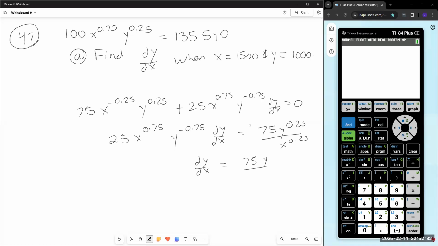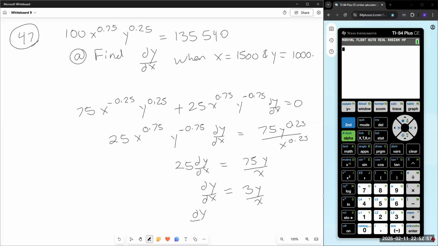We get x down there. So that's going to be 25 dy/dx is equal to 75y over x. dy/dx is equal to 3y over x. So let's go ahead and plug in now.